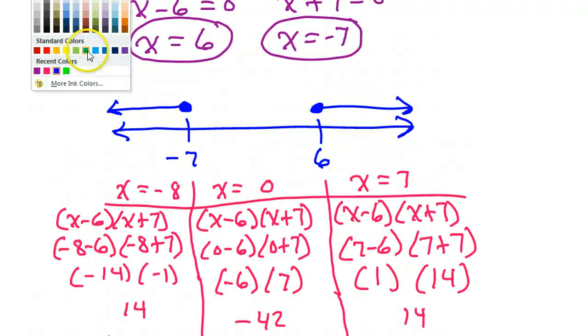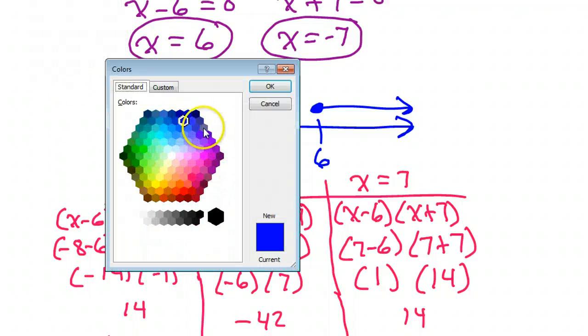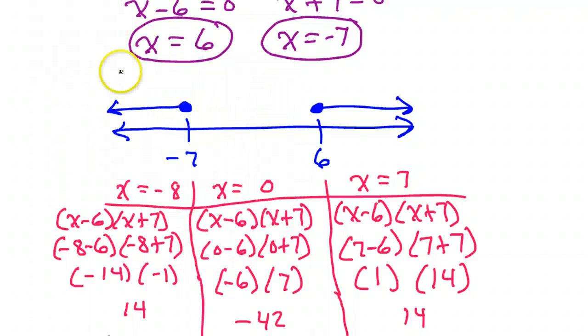Let's go ahead and write the interval notation. So we'd have to do it like this. This part over here is from -infinity to -7, and we'll use a square bracket since this is a closed circle to include it.